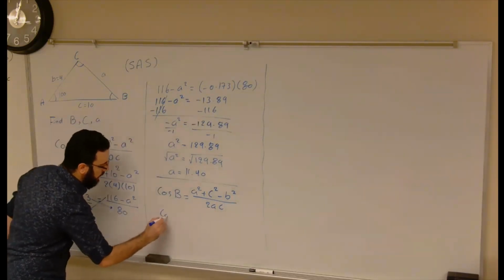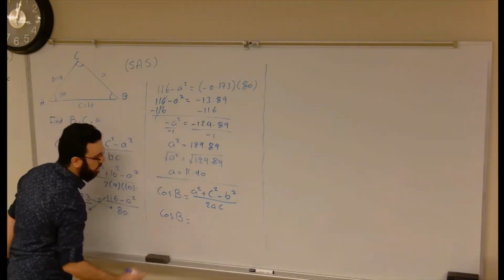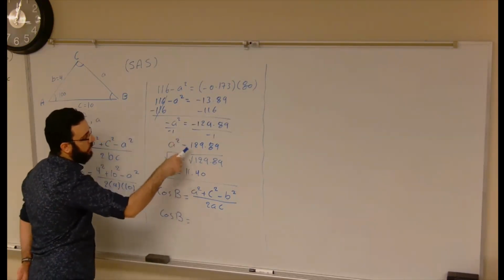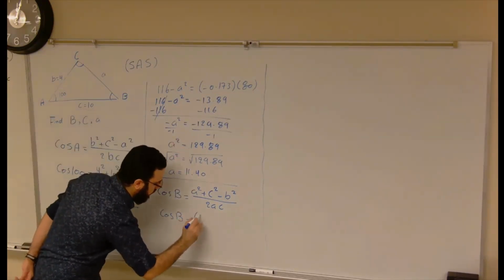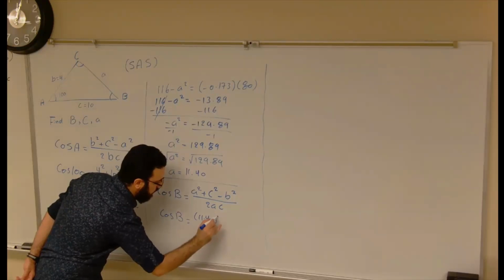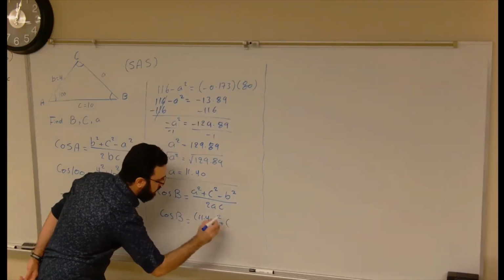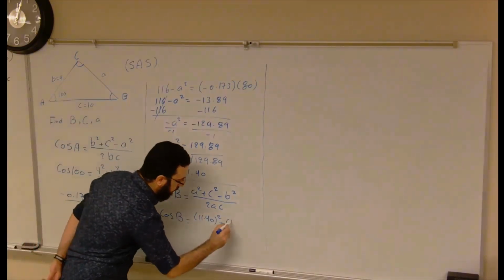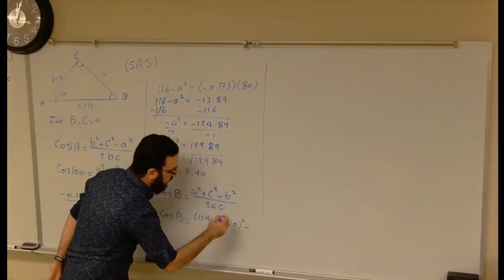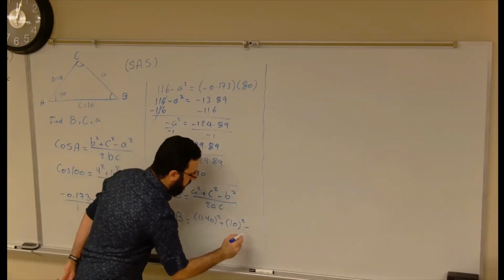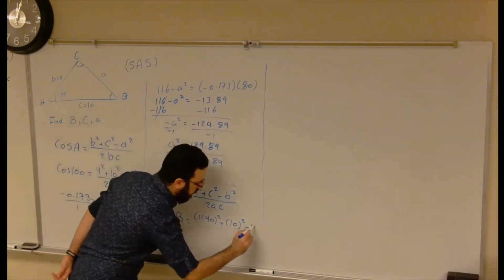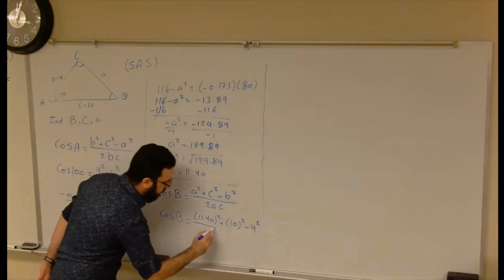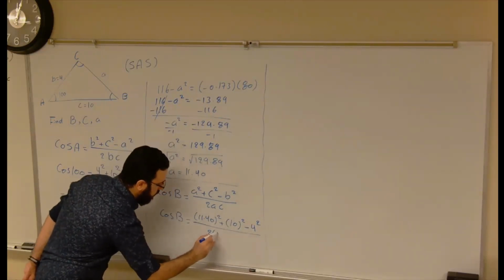That means cosine B equals a squared, which is 11.40 squared, plus c squared, which is 10 squared, minus b squared, 4 squared, over 2 times 11.4 times 10.